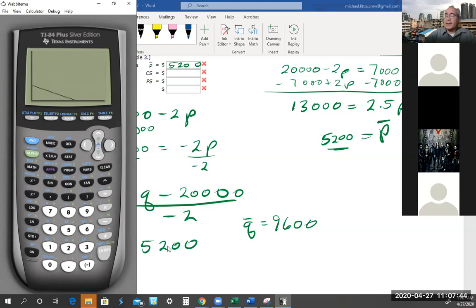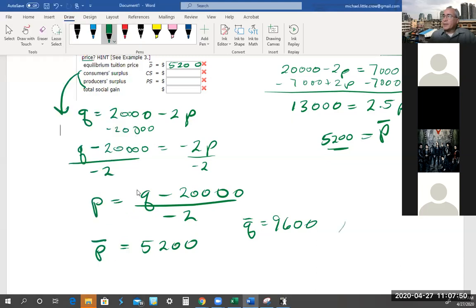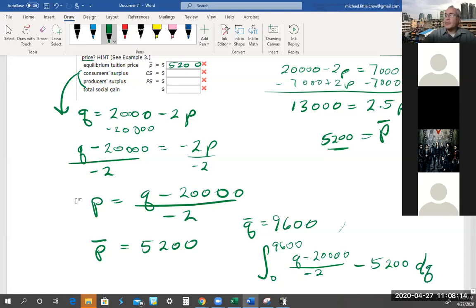So what I'm finding is the integral from 0 to 9,600 of Q minus 20,000 over -2 minus 5,200. I guess it's dq, right? Yeah, that's what we're finding now.